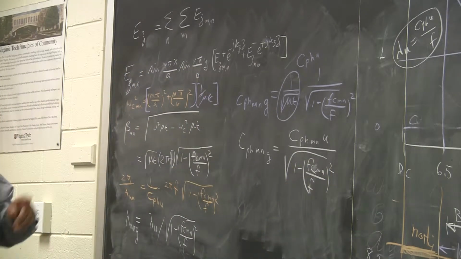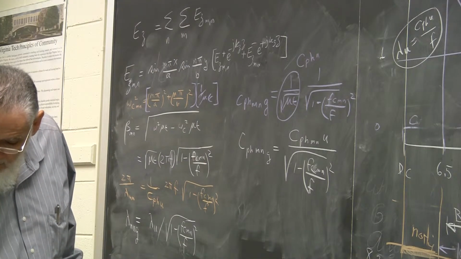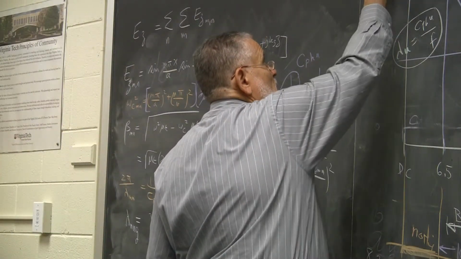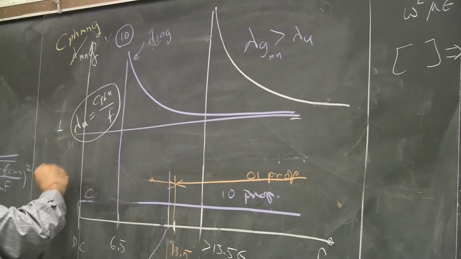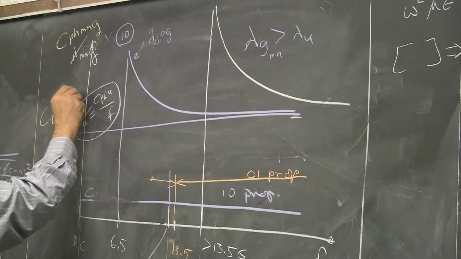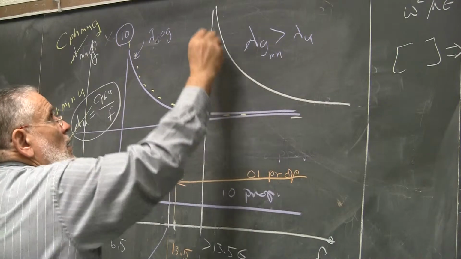The same exact plot that we have over there, except I'm going to change the labels. So if I write this as C phase mn guided, I write this one here as C phase mn unguided, I'll have the same exact diagram.